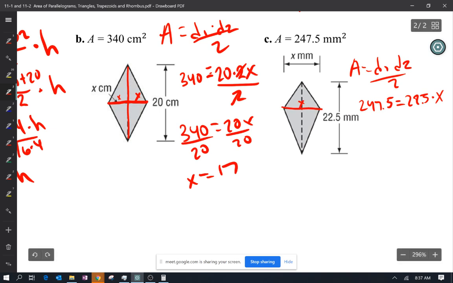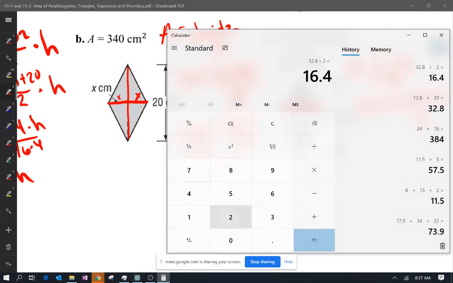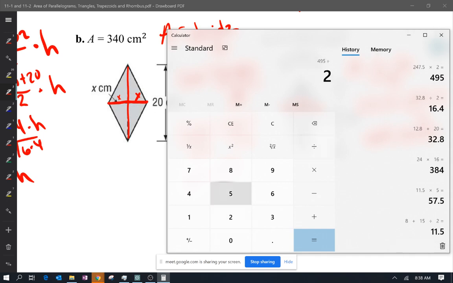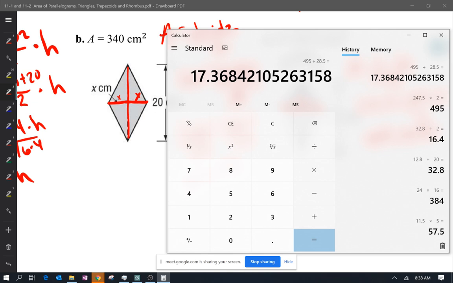Because they say this is x. So divide by 2. In this case, I would actually double both sides. 247.5 times 2, double both sides. So this is 495 equals 28.5x. And I think when you divide that by 28.5, you get 22.